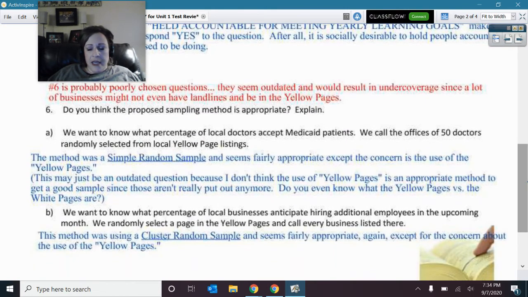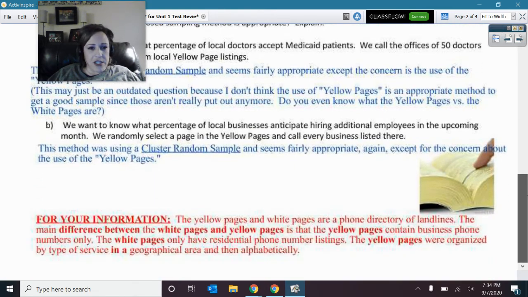All right. Next, this question asks about the yellow pages. Do you even know what the yellow pages are anymore? So again, I'd probably change this question. I looked it up to give you a definition for your information down here. The yellow pages and the white pages are a phone directory for landlines, not cell phone numbers.